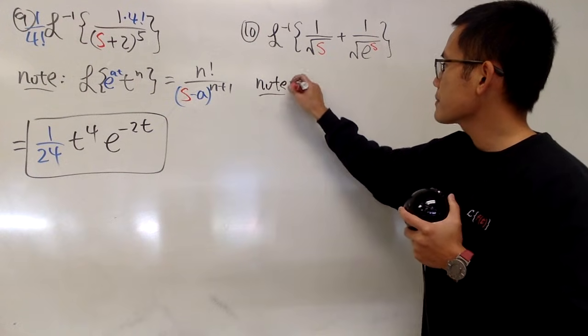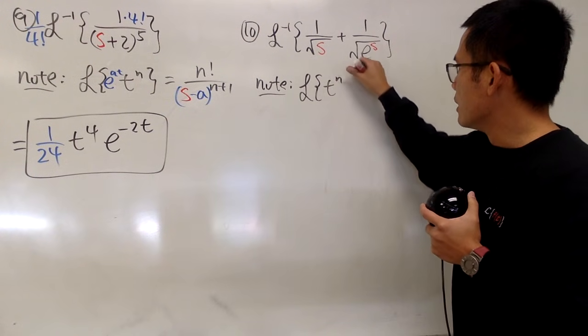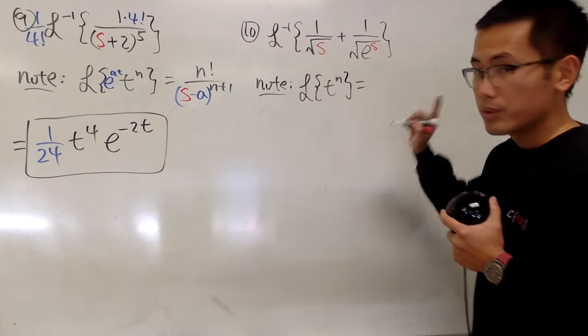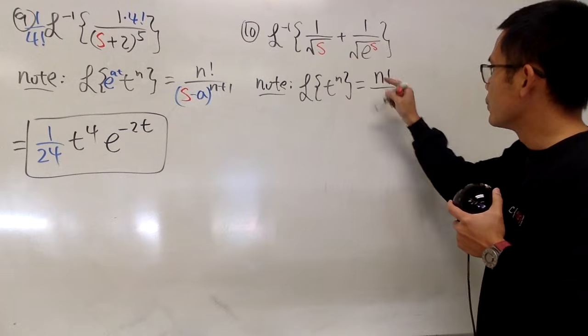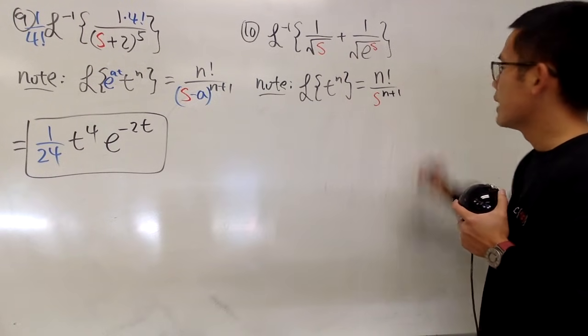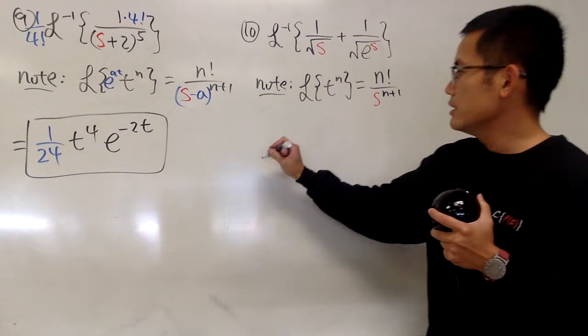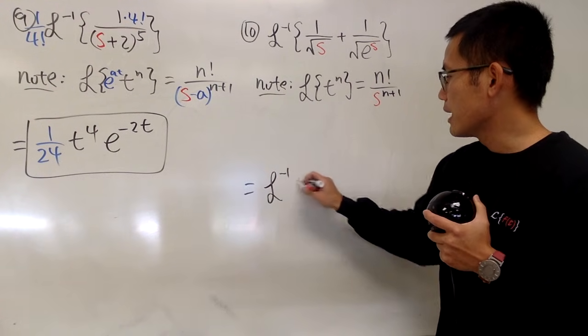This is just going to be the following. Note, the original Laplace of t to the nth power is equal to n factorial over s to the n plus 1, right? So in this case, you can just go ahead and write this down. Here we have the inverse Laplace.